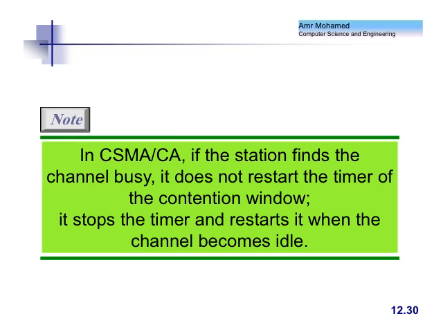So what happens if I have a random number of 5 time slots? After 2 time slots, I found that the channel is busy. What do I do? Wait. Wait for another time slot.